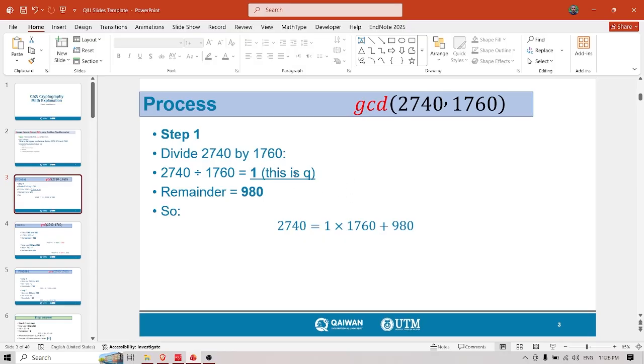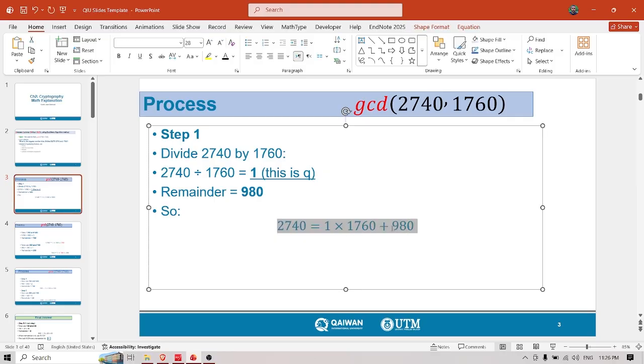As we get this Q, we will also have the remainder of 980. So it has been expressed in this way: 7060 is equal to 1 multiplied by 2740 plus 980. Now, this 980 would be our remainder for this case.